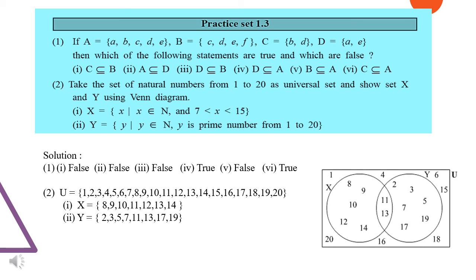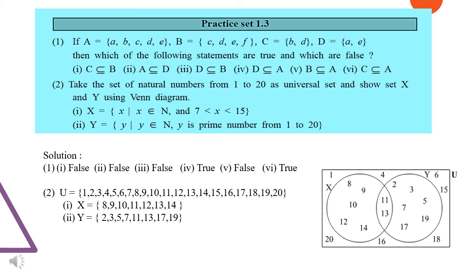Second question. Take the set of natural numbers from 1 to 20 as the universal set and show sets X and Y using a Venn diagram. First we will write down the universal set. So here the universal set is numbers from 1 to 20. So I'll write it down. Next.